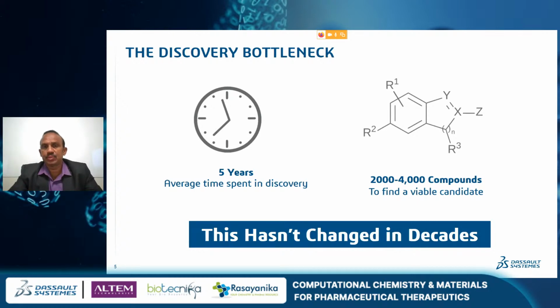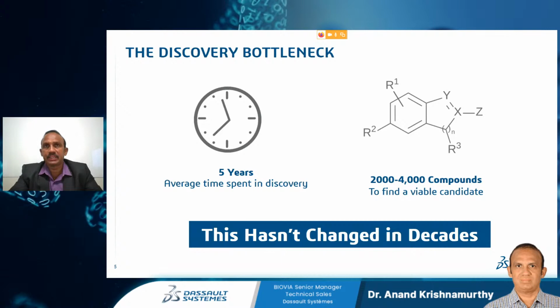Synthesizing 2,000 or 4,000 compounds is going to add up to an enormous cost, as well as a lot of time that the synthetic chemist and the medicinal chemist have to spend. And this is the flow that has been followed over decades and decades.